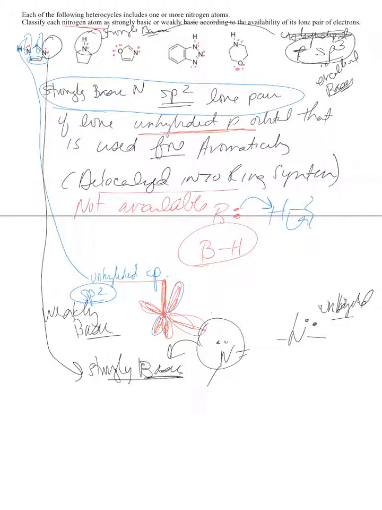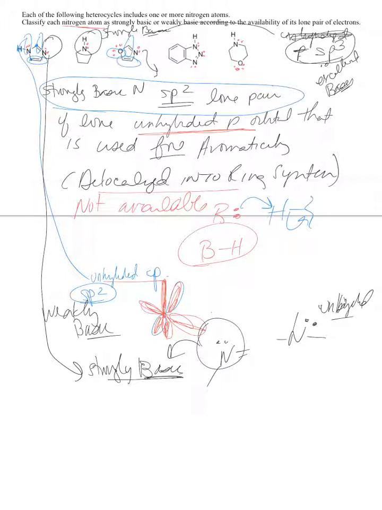Okay, so looking at this structure here, what electrons are contributing to the aromaticity pi electron system? Those 2 and those 2 in the ring. And then oxygen's contributing 2. So that means these electrons here are available.